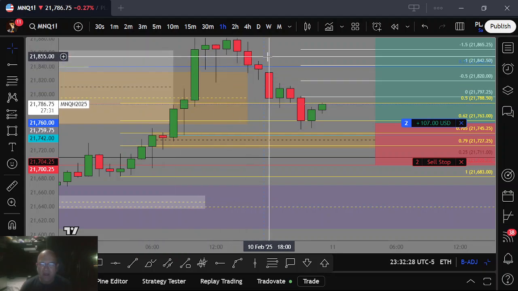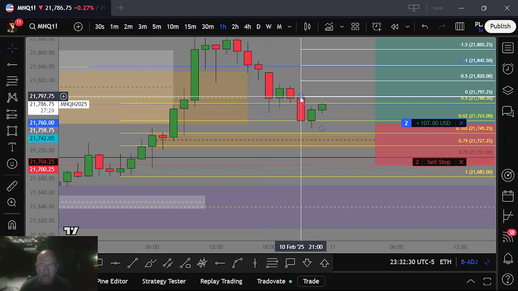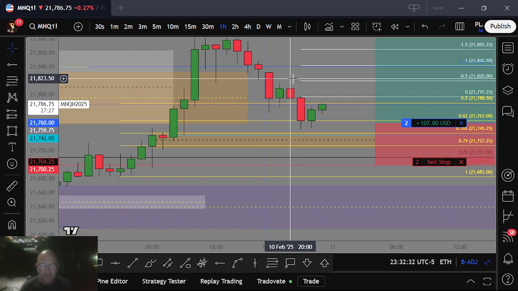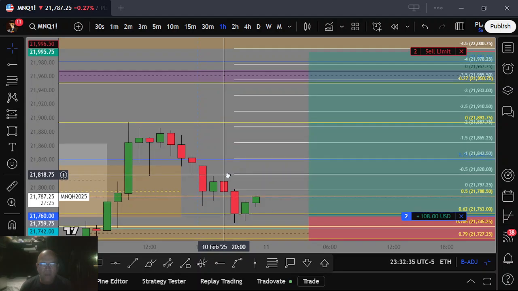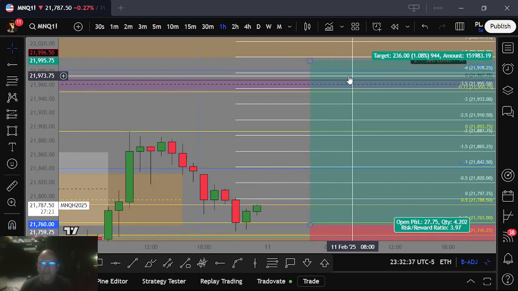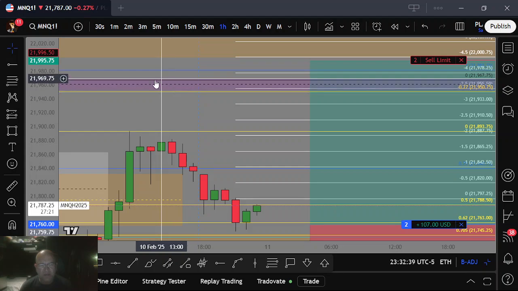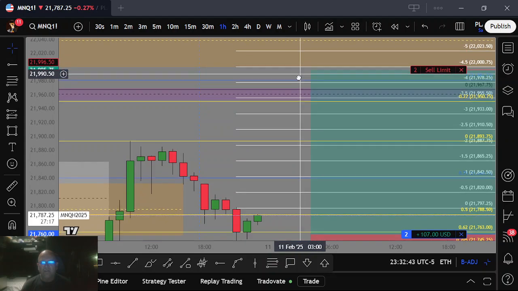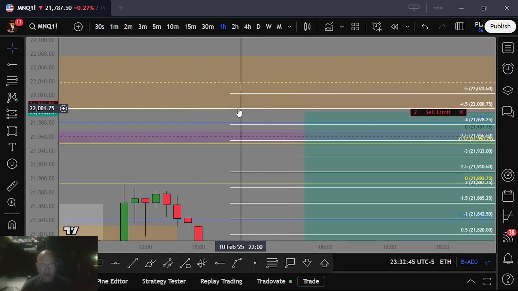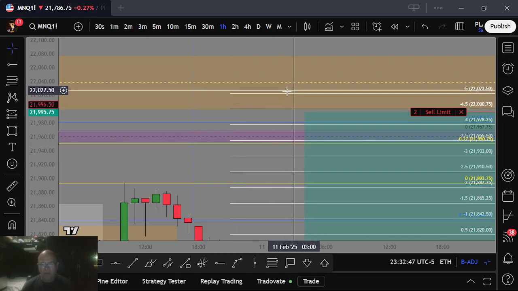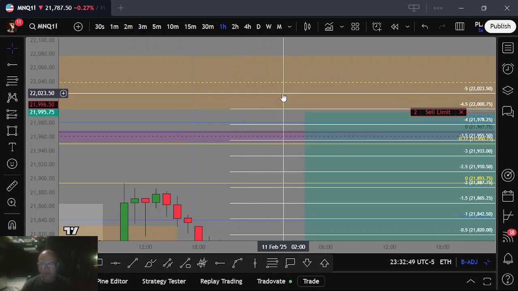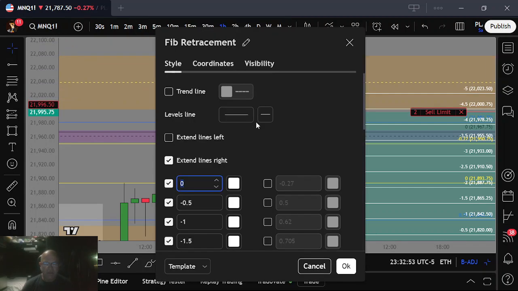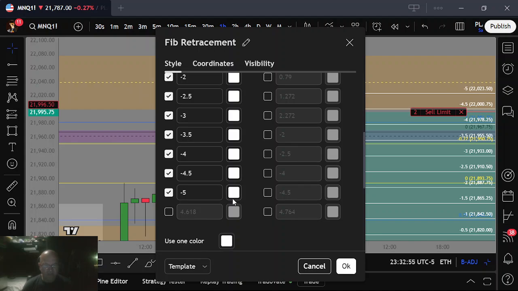But right now, I'm using the high of this candle. And 4 deviations gets us above those equal highs on the 1 hour. And 4.5 is right at the bottom of that order block. 5 would be right here. And let's just go ahead and put 5.5 on.